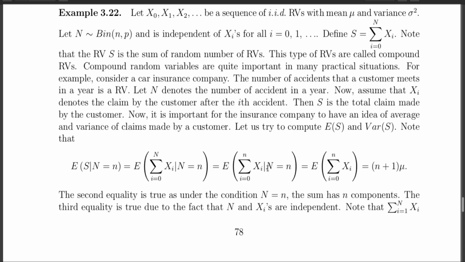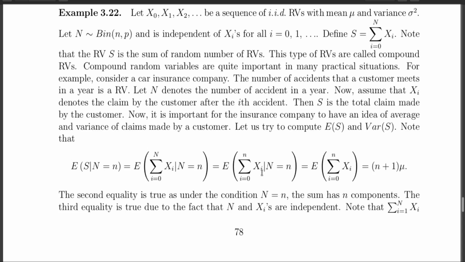So I have the same quantity as the expectation of the summation of X_i, i equals 1 to n, and here this n is a fixed quantity, so I can find this expectation very easily. It is nothing but n plus 1 times mu.